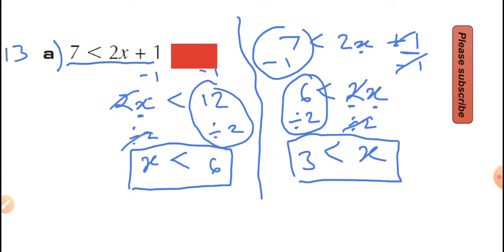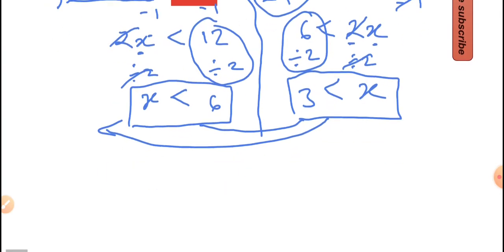So now I have to join these 2 bits up. So as you can see, I could have just copied this over here. So if I copy this first, so 3 should be less than x. I don't have to copy this x down again. I can just write like this.